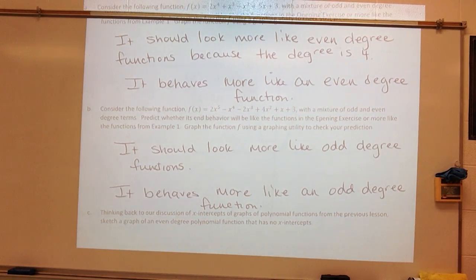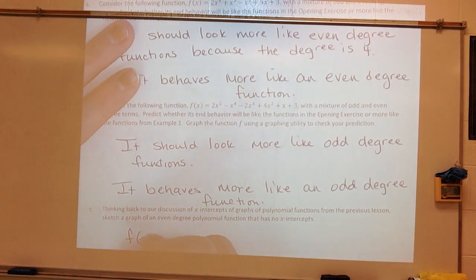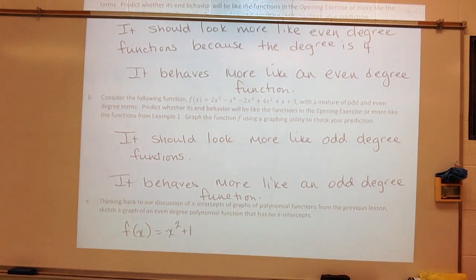Thinking back to our discussion of x-intercepts of graphs of polynomial functions from the previous lesson, sketch a graph of an even degree polynomial function that has no x-intercepts. Basically what you would do is add something to it. You could do f of x is equal to x squared plus 1. Alright?